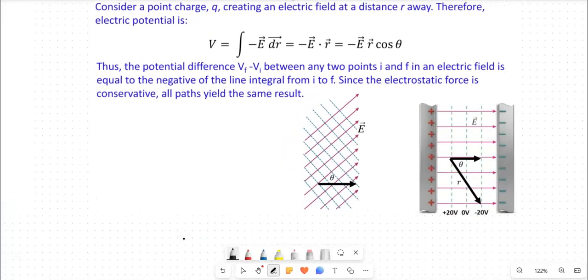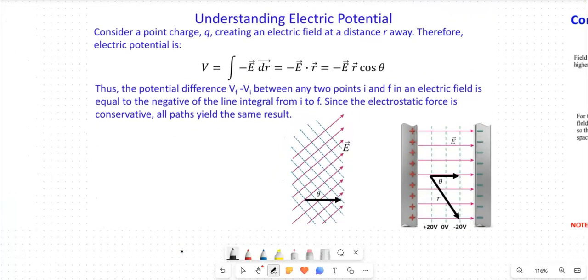That dot product is saying that the electric field and the path that you take, or the displacement that you take, have to be parallel to each other.